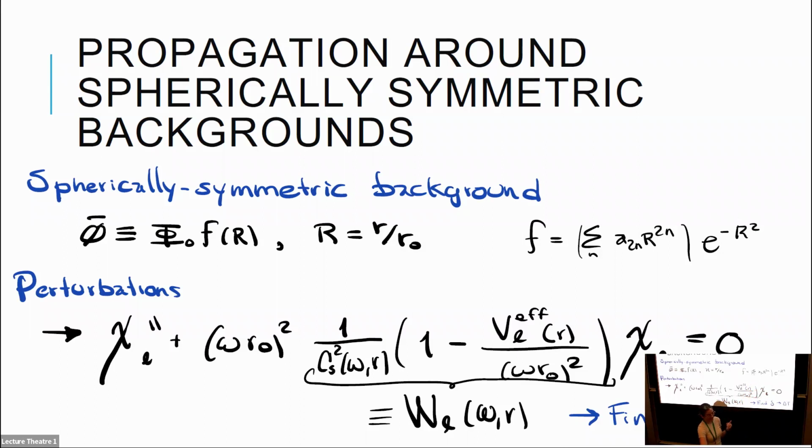Then you can check, once you pick your background, what source you would need, and then you can check that the source is physical. So it's not that the source is giving you violations of causality, but that the theory actually has violations of causality. So it's more of a, we pick the background and then check the source is okay.